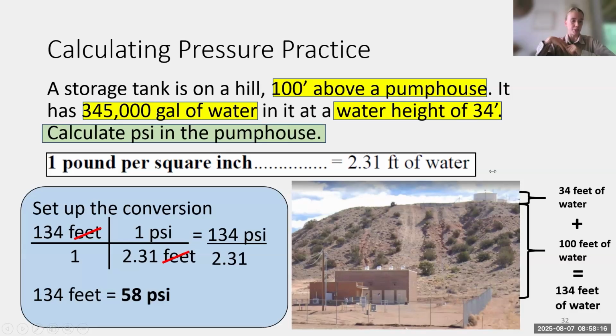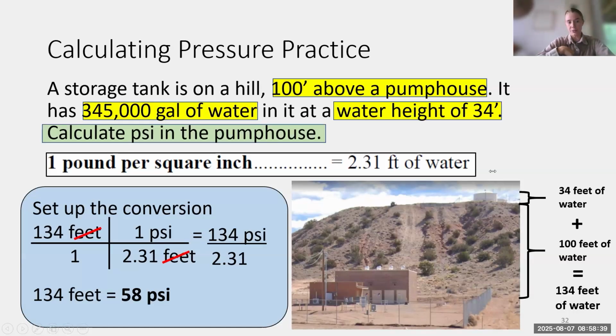So 134 feet over 1 on our left side of the equation. Since we want to end up with PSI, we've got to have our PSI on the top and our feet on the bottom. We know that for 1 pound per square inch, it's 2.31 feet of water. Our feet get to cancel out because we've got one on the top, one on the bottom of our grid.